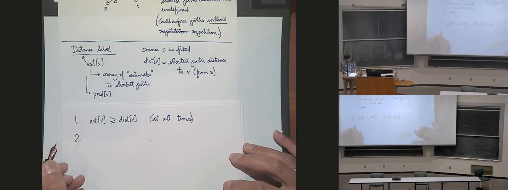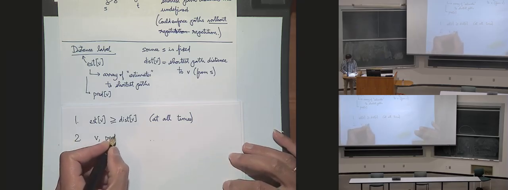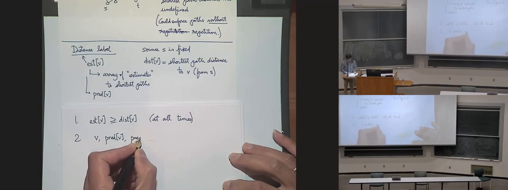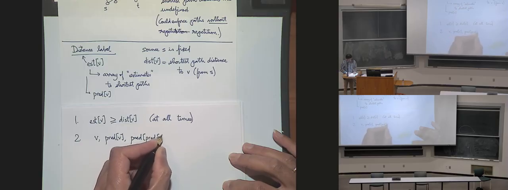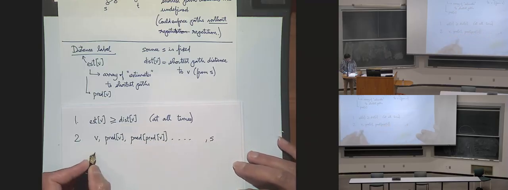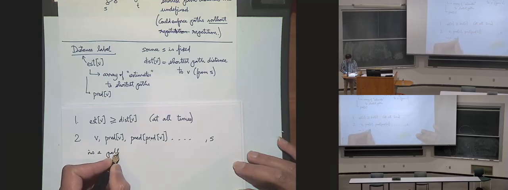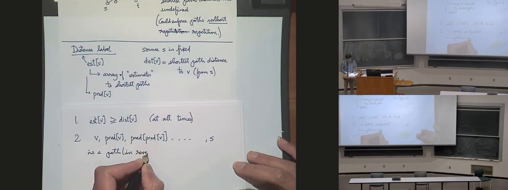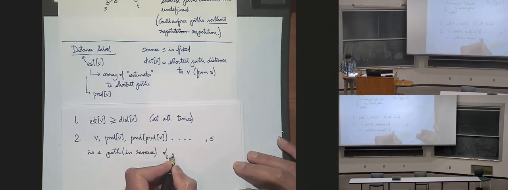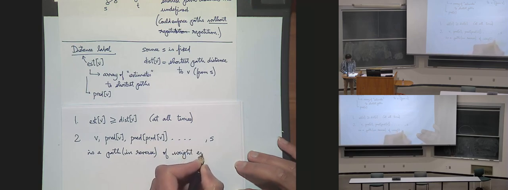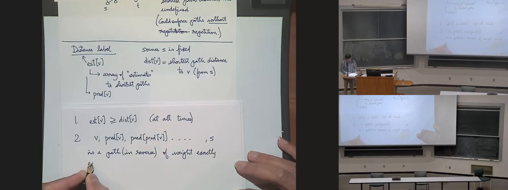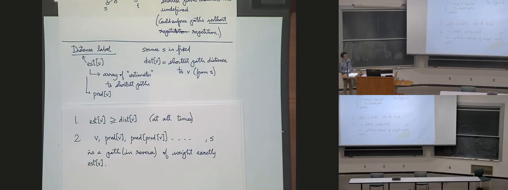And then secondly, v, predecessor v, predecessor of predecessor v, and so on and so forth will go to S, is a path, in reverse, of weight exactly est v. Okay, what this means is that if I follow the predecessors, then the weight of that path is exactly my estimate. Okay? And usually this is what distance labels are.